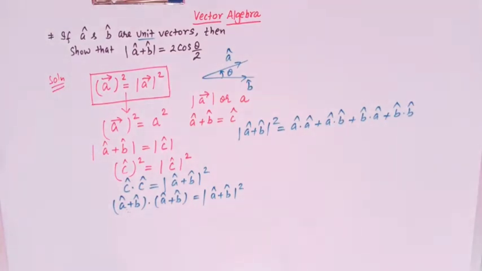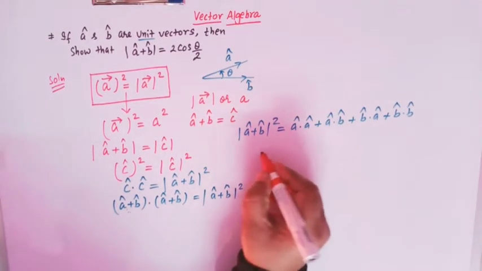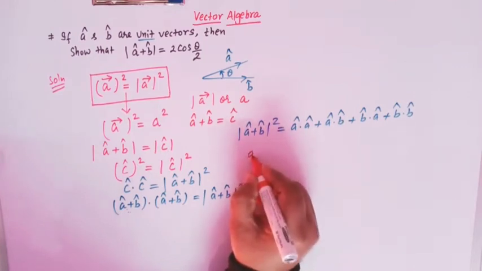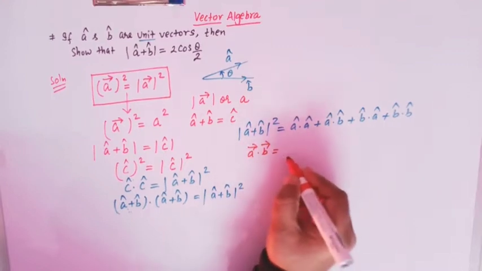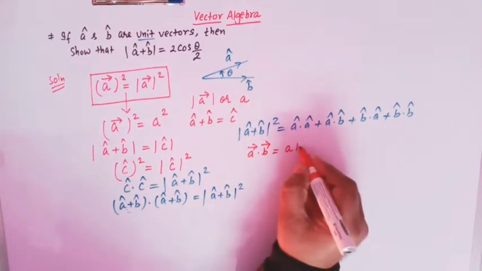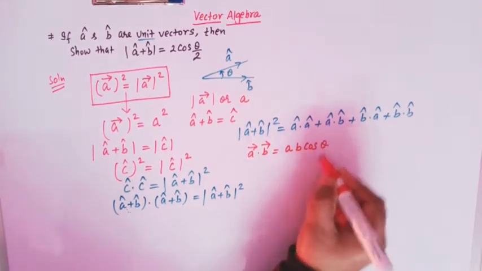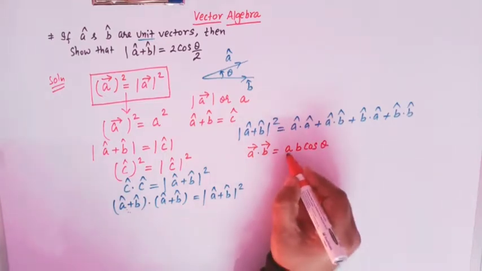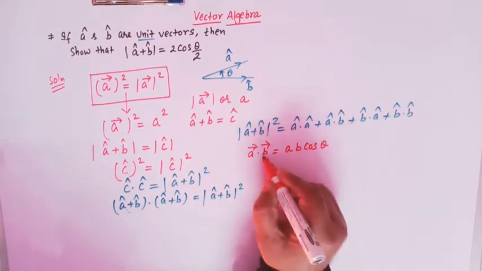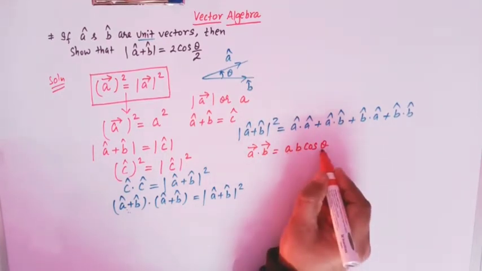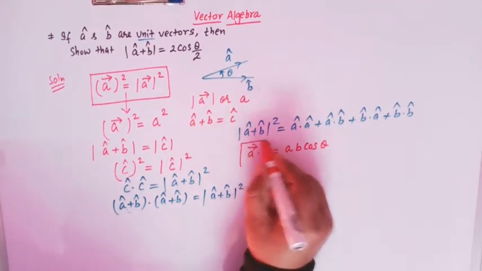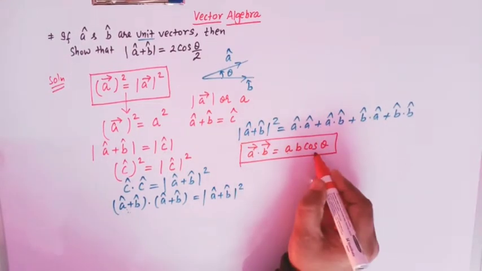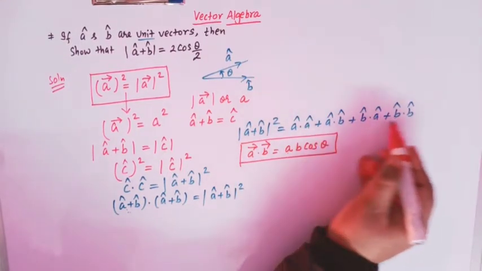Now we know that if we have two vectors a and b, then their dot product is defined as ab cos theta, where a is the magnitude of vector a, b is the magnitude of vector b, and theta is the angle between vector a and vector b. So now we'll apply this result to this expression.